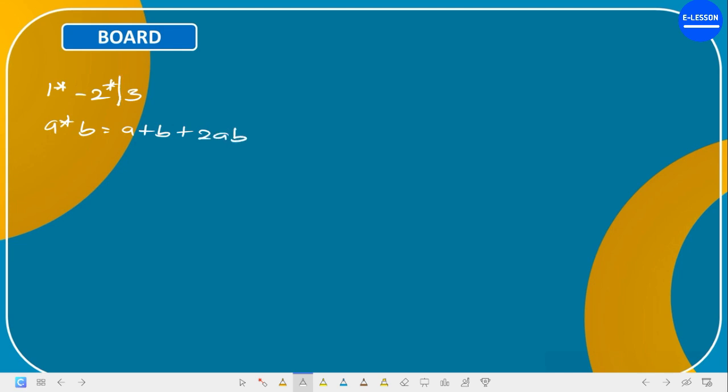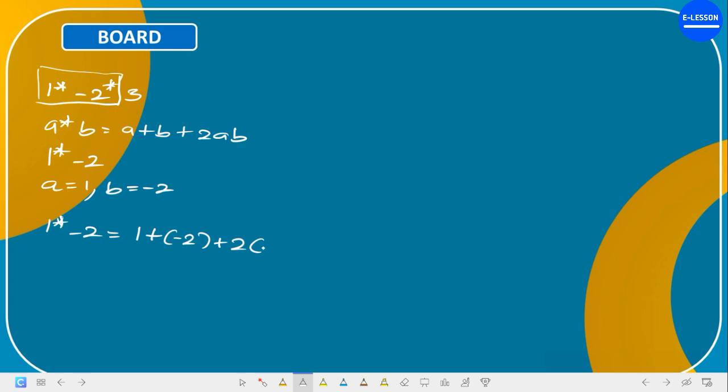So if we take this part first, it becomes 1 asterisk minus 2. It means that our a is 1, our b is minus 2. So 1 asterisk minus 2 will be equal to 1 plus brackets minus 2 plus 2 brackets 1 bracket minus 2.